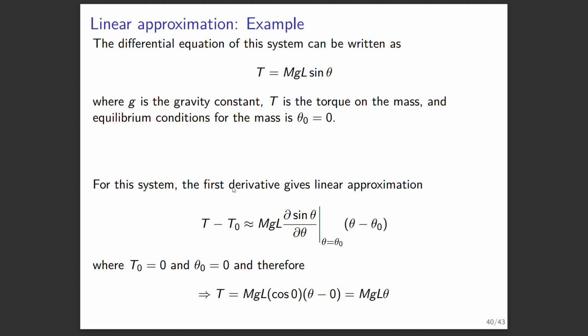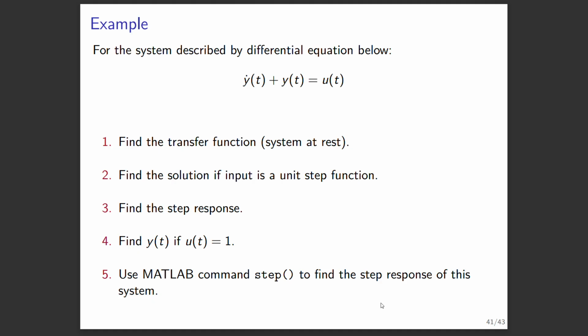If I apply Taylor series, what I'm going to get is this: MGL cosine of 0 times theta minus 0, which is MGL theta. So the linear approximation of MGL sine of theta is MGL times theta, if we are interested in very, very small displacement around theta equals 0.